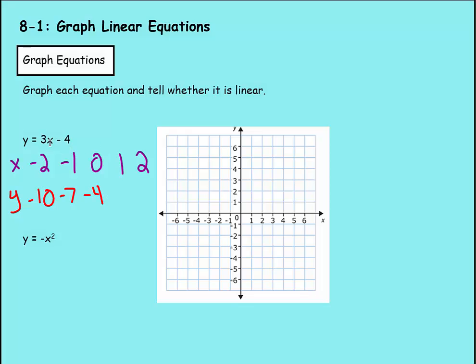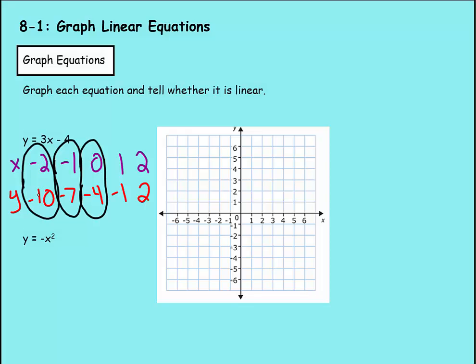When 1 is plugged in for x, that becomes 3, and 3 minus 4 is -1. When we have 2 plugged in for x, 3 times 2 is 6, minus 4 is +2. So now that I've solved this, I have 5 different coordinate points. I have an x and a y that go together because they were both part of the equation.